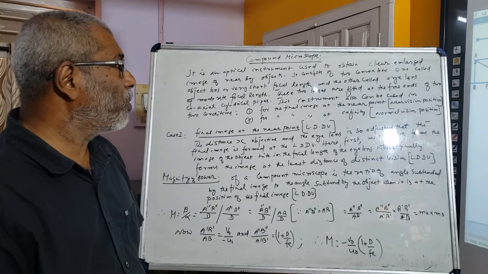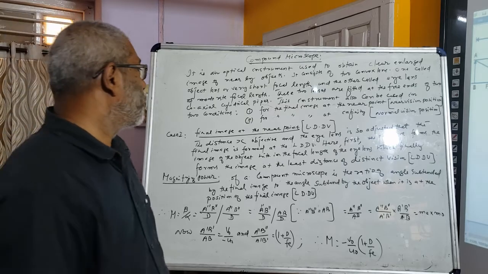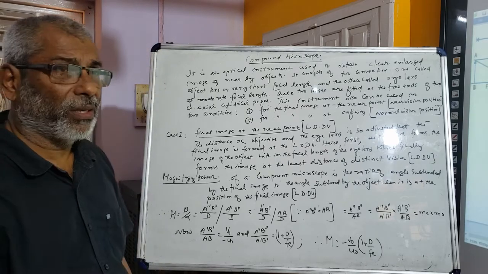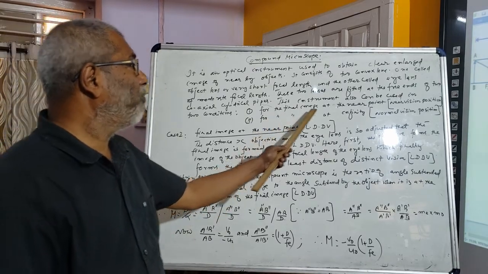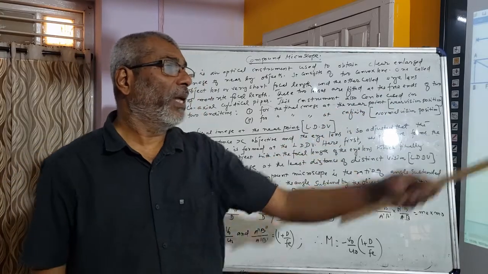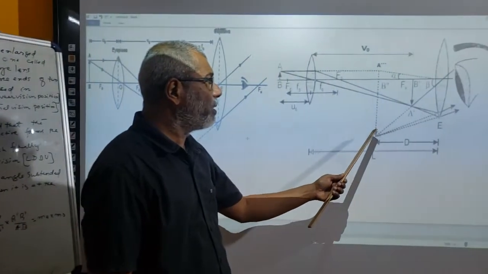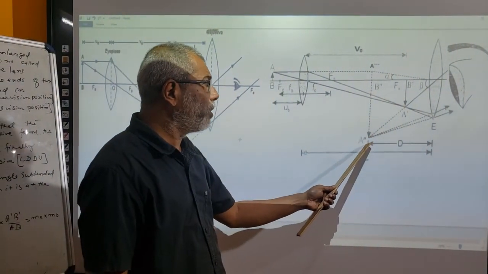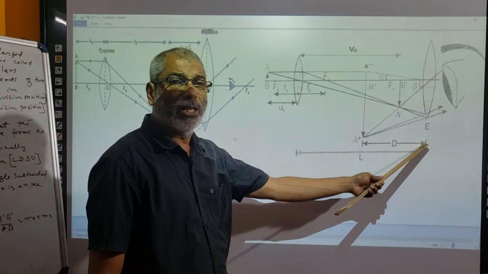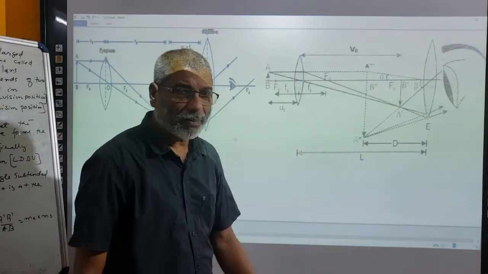This instrument also can be used in two conditions. One is the final image at the near point, that I explained in this case. The final image is formed at the near point. Near point means least distance of distinct vision.